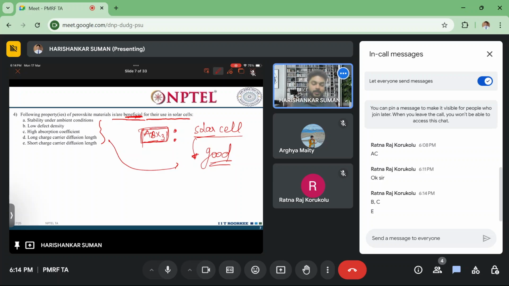Let's say the charge carrier goes ahead, the material thickness is T, and the diffusion length is L. Electron and hole can easily recombine.